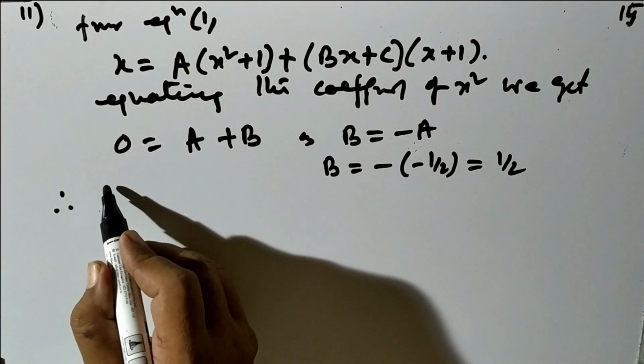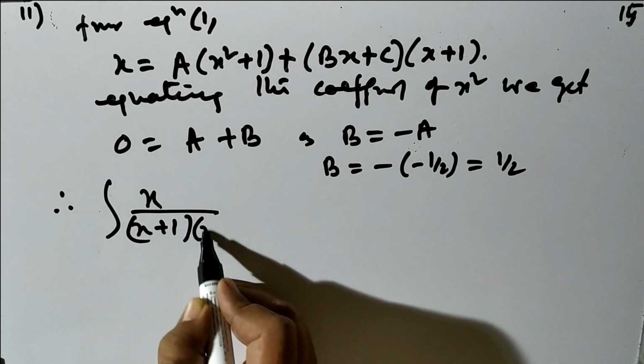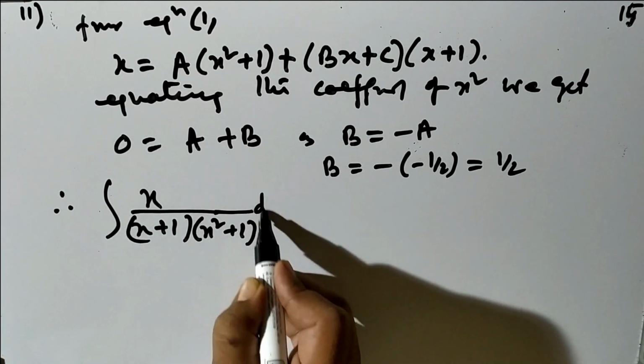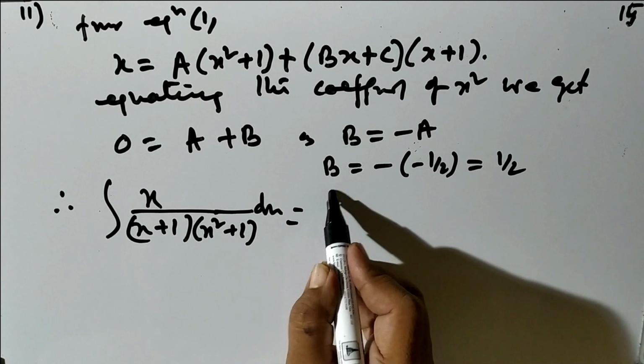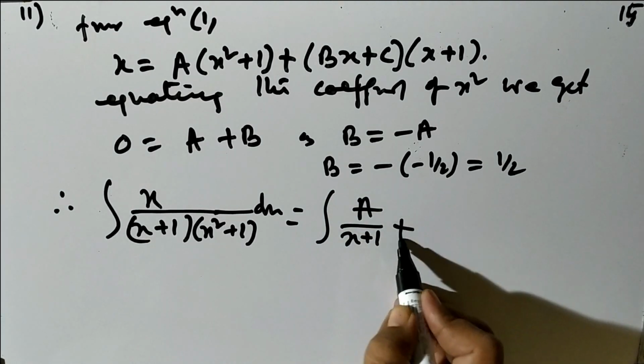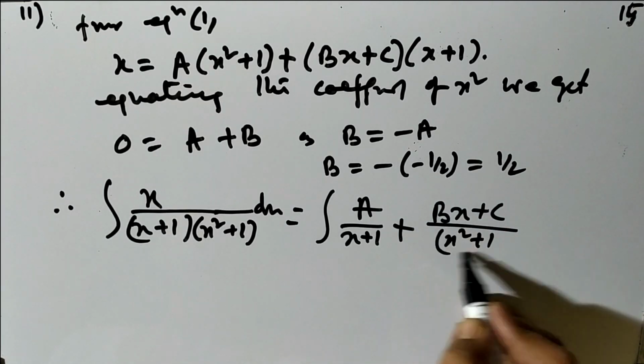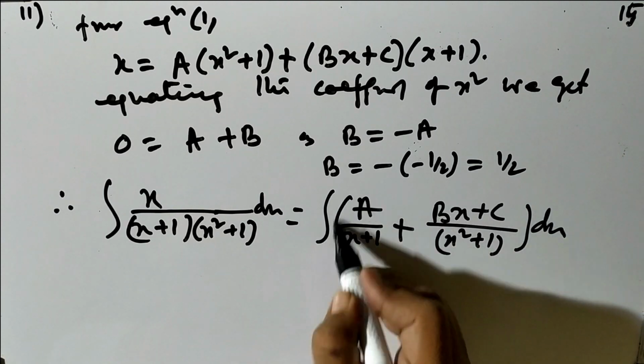Therefore, integration of x by (x plus 1) (x square plus 1) dx equal to integration of a by x plus 1 plus (bx plus c) by x square plus 1 dx.